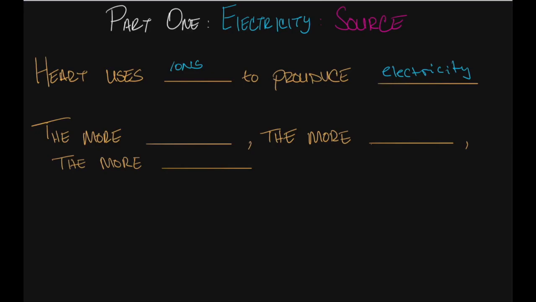And so the more muscle that's used, the more ions move through the cardiac muscle, and the more ions that are moved, the more electricity that's produced. We're going to see this little tidbit of knowledge comes in handy when we start looking at 12 leads and we're starting to characterize where the electricity is flowing, and that starts to equal which part of the heart is working harder.